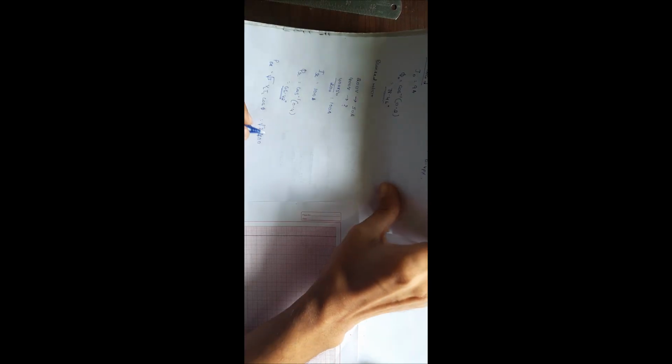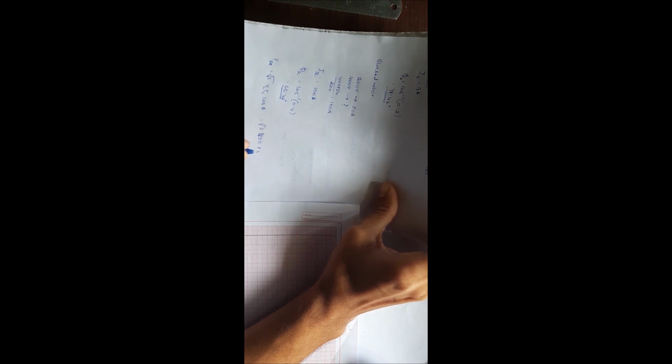Now we have to find the blocked rotor short circuit power. PBR, blocked rotor, is equal to root 3 VL IL cos phi, which is equal to root 3 into 400. We are calculating the power at rated voltage, so it will be 400 into 100.